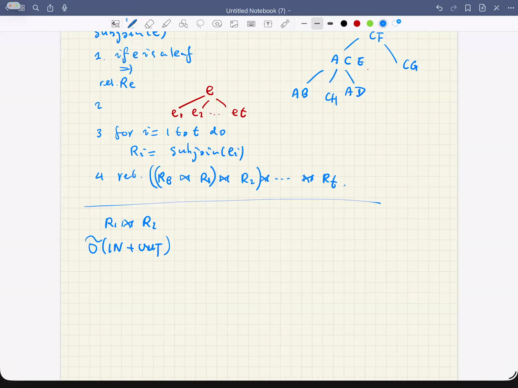The same thing with OUT: you can charge this part over the output, the number of integers in the output relation. So every integer in the output relation pays $1 for the join. If you hold this view, then it's almost immediate that the overall cost for Yannakakis's algorithm is what I claim here.